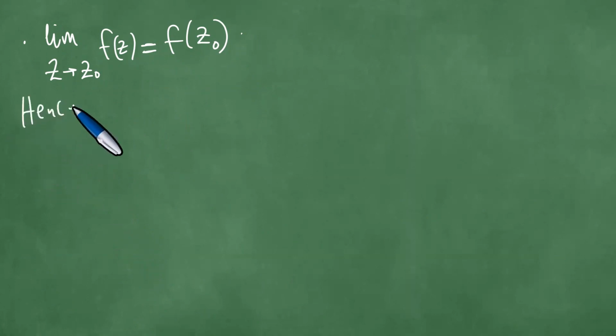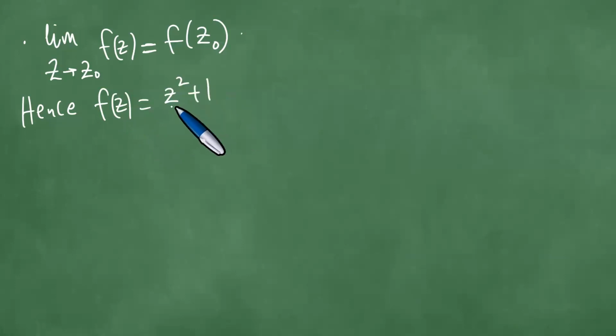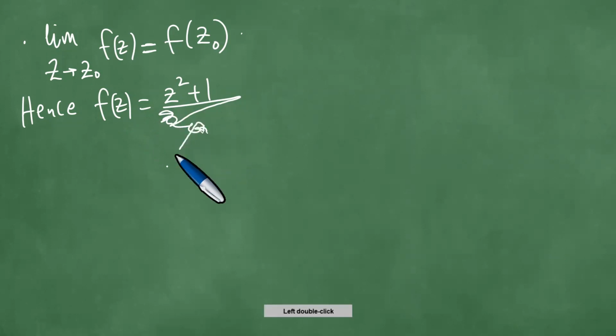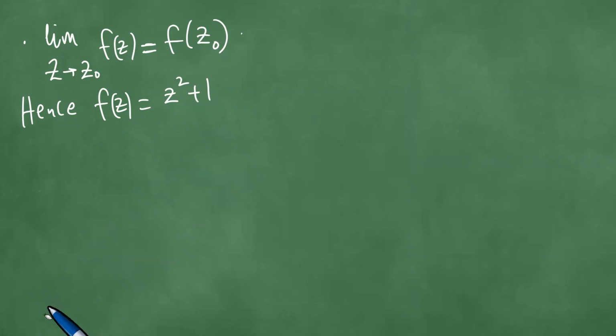Hence f of z0 equals z squared plus 1 divided by z squared minus 3z plus 2.